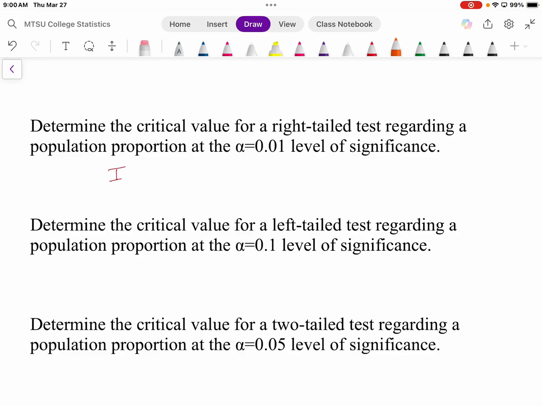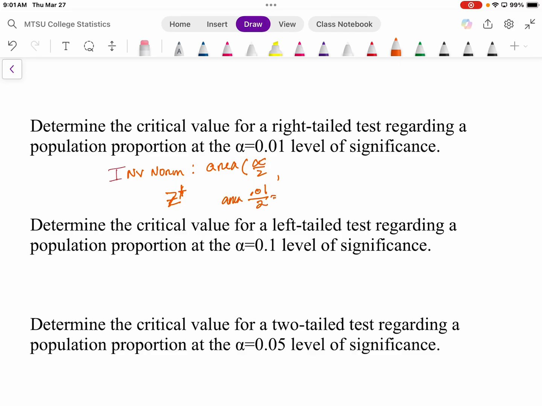Again, we're trying to find the z star, the critical value here. Based on our formula up above, it is the alpha divided by 2. So in this case, we would have 0.01 divided by 2. That would be our area.